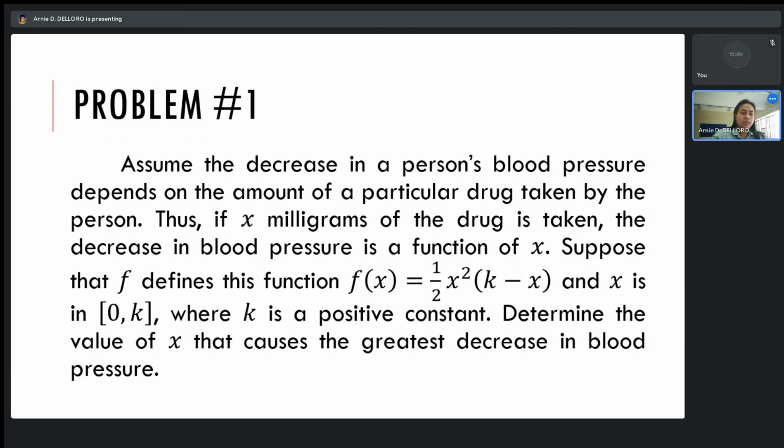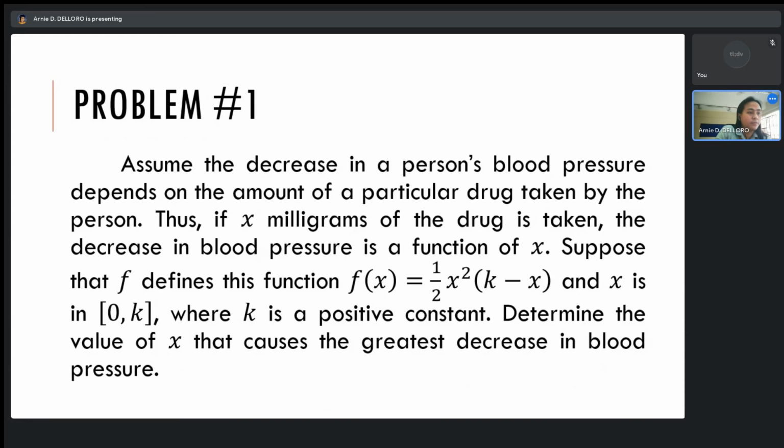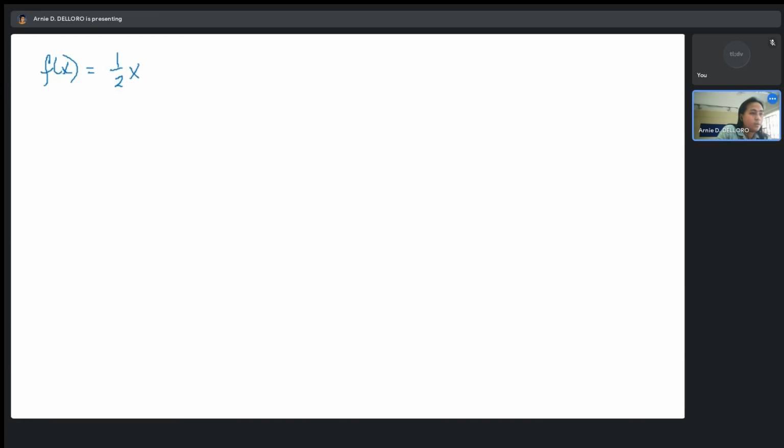Okay? Sige. Dito tayo sa sunod na slide. We have f of x is equal to 1/2 x squared times k minus x. Tama ba? Tapos yung interval is from 0 to k.